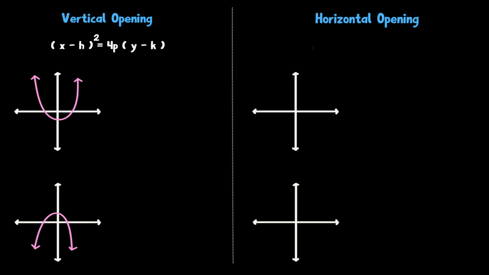Now, what's going to determine if we're facing up or down? Well, that is the location of the focus. Because if the focus is on top of the vertex, we are going to say that the focal distance is positive.